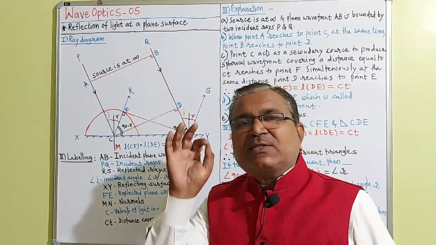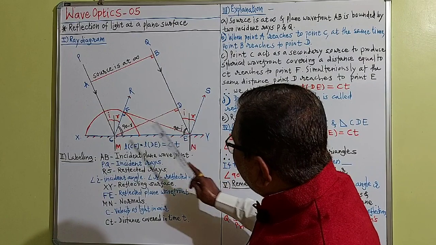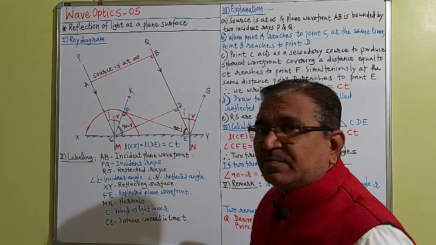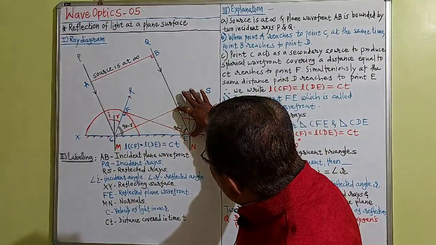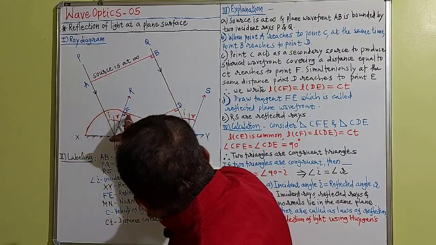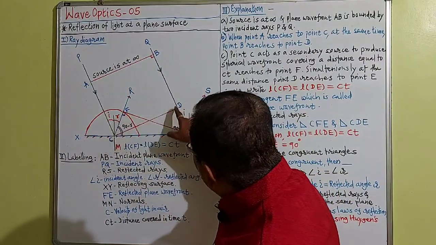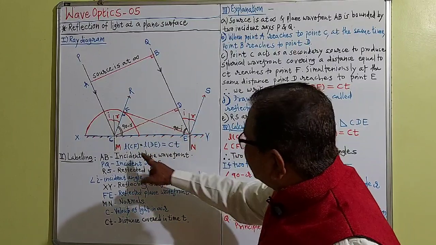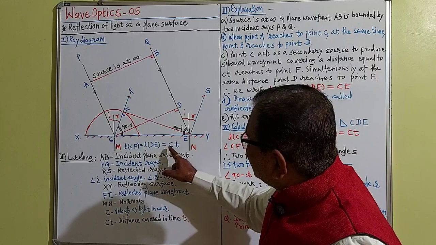When C reaches F, at the same time D reaches E. Measuring this distance with a compass, we draw a half circle like this. That means CF will become DE. So the length of CF is equal to the length of DE, which is equal to CT.